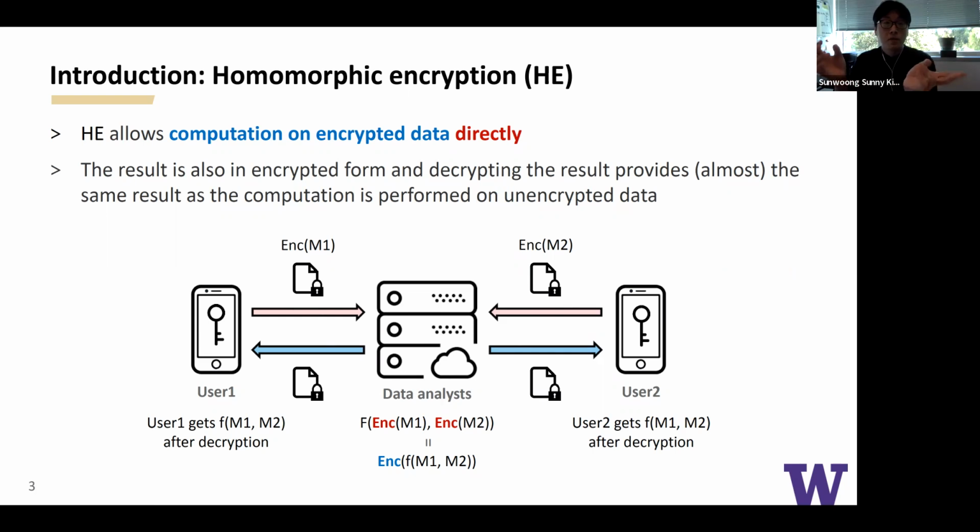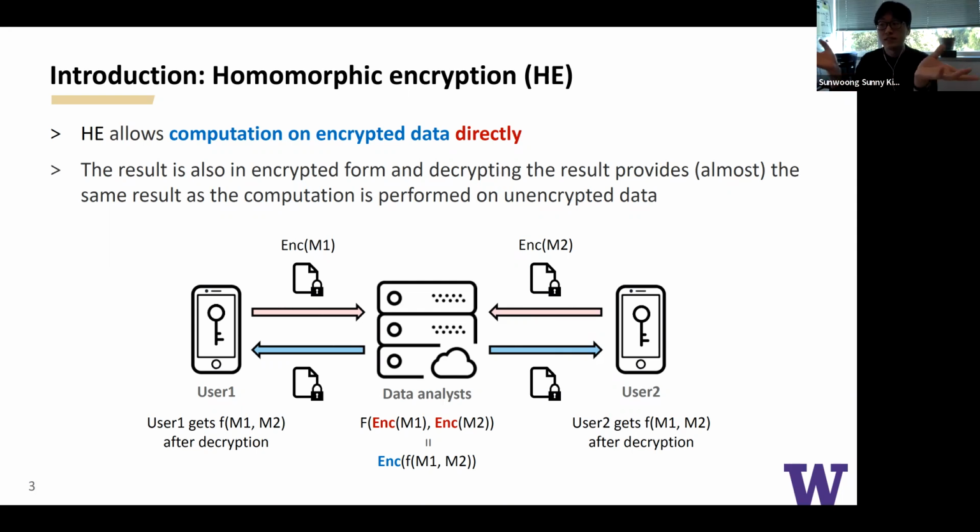For example, 2 users want to sum up their salaries without revealing their salary information. To this end, they encrypt their salary information with some keys, specifically a public key, and send them to a third-party cloud server. And then the server performs some homomorphic addition on the encrypted data and sends the result to the users. The important thing here is that the homomorphic addition is performed on the encrypted data, and the resulting data is also encrypted.